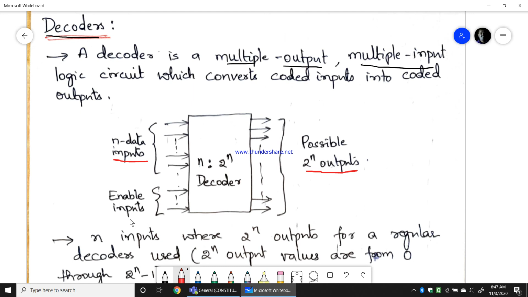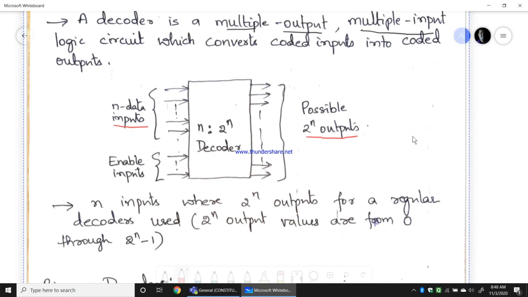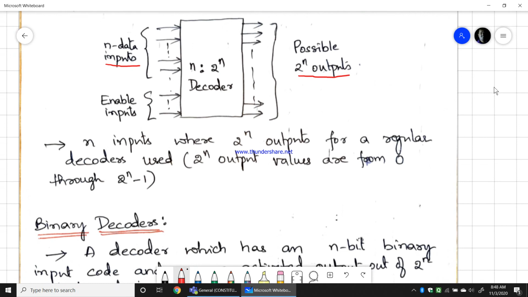If the enable input is deactivated or disabled, then both input and output lines will be inactive, meaning they will not be enabled. So the enable input is very important to make sure that input lines and output lines are activated. This is a normal decoder that we see, n inputs with 2 power n outputs.